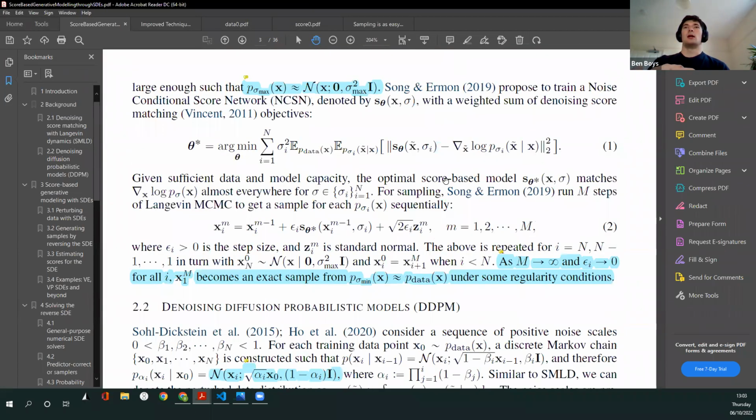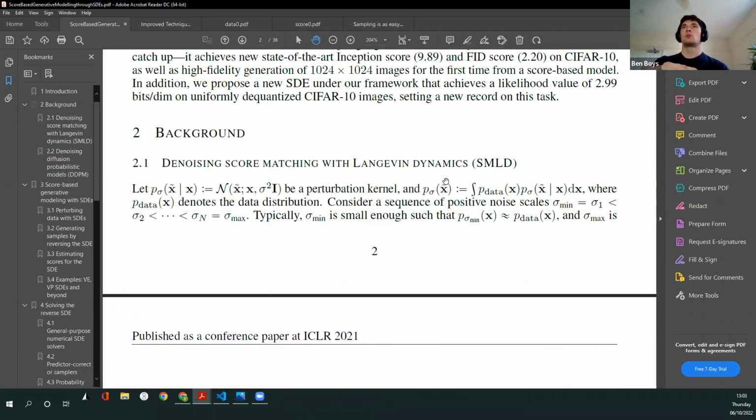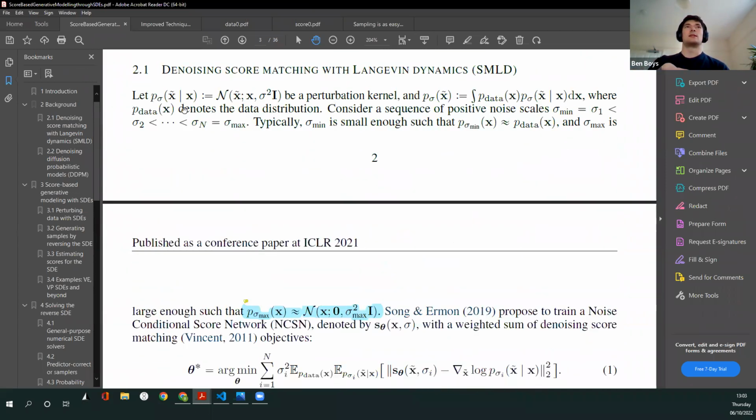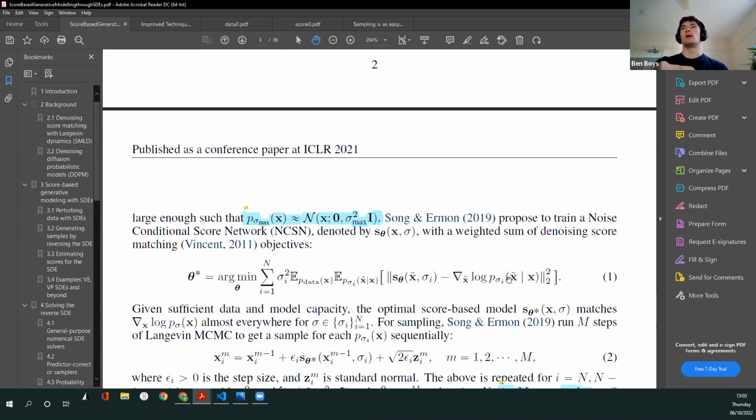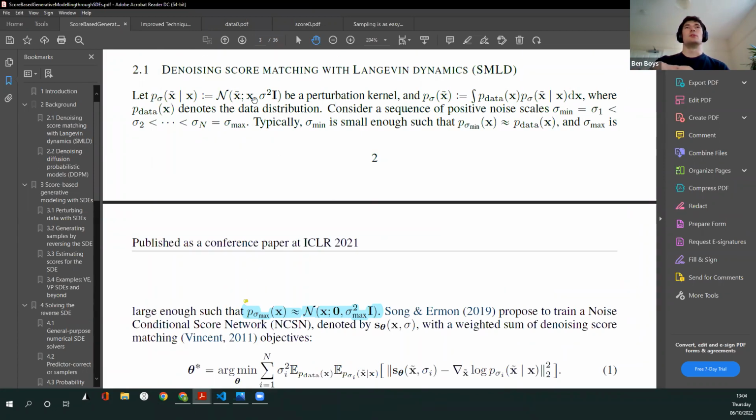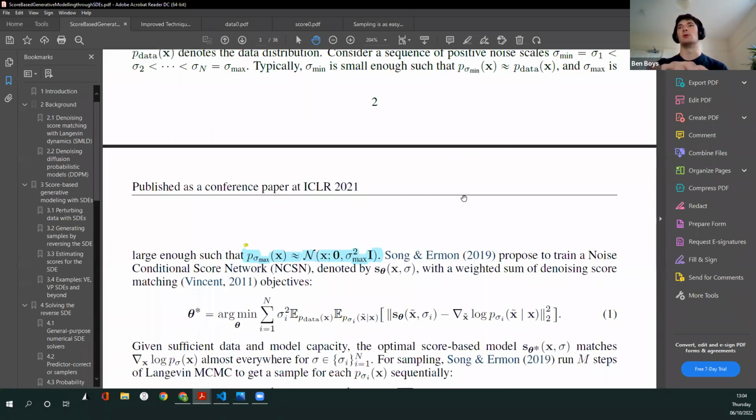And because the kernel is this, so this is a conditional distribution, when you evaluate it, you find the log density is actually just a 0, 1 random variable, because it's like x tilde minus x over sigma, which is just the z-score, or like a normal 0, 1 random variable.